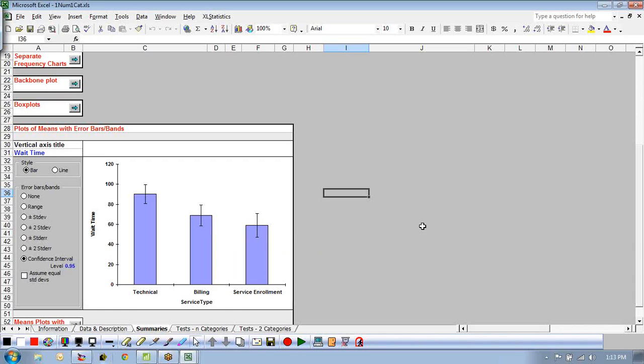Now, if you're a statistician and you're seeing this, you're saying, oh, Mark, come on, you're making a rookie mistake here. You actually are looking at a different comparison. The short answer is yes, true, but what I'm looking at here is conservative. So the point is that if we see non-overlap here, I can almost guarantee you that when we do the individual t-tests, we'll find differences in technical versus billing, technical versus service enrollment, and that.